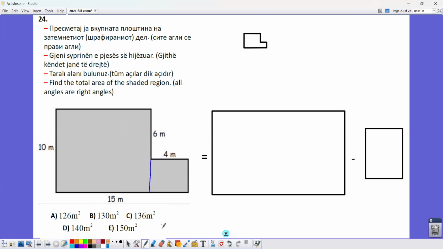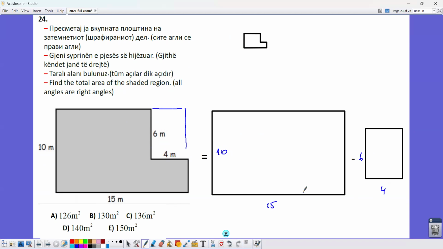Or as it is done here, you can fill the missing part here, and this will become a big rectangle with the dimensions 10 and 15. And the small one that is missing here has the dimensions 6 and 4.